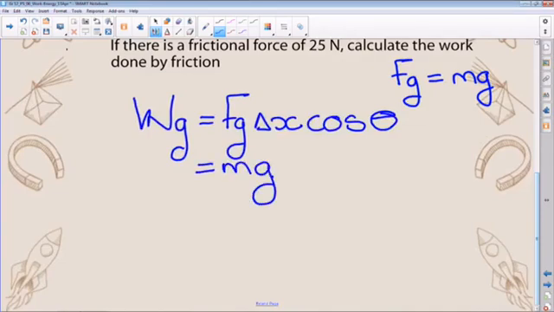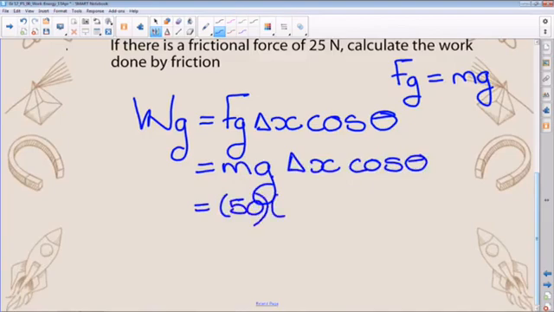If this is going to help you, then you do this. You don't have to show me this step here, but this step is just for those that struggle in terms of writing it all out and figuring out where we get the values from. So mass is 50, gravity is 9,8, this is 100, and cos is cos 90.